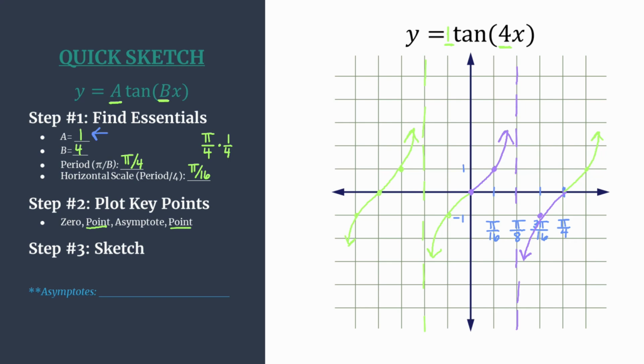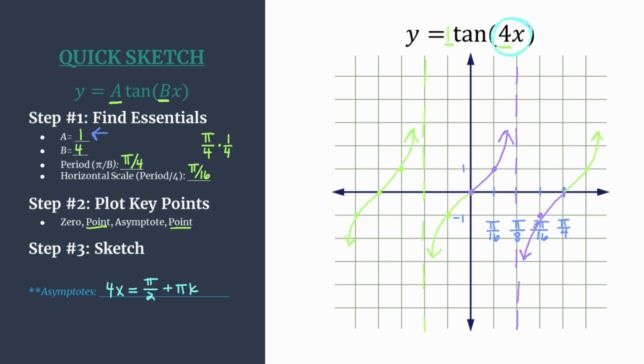The last thing is a really helpful tip on finding the equation of the asymptotes for this graph. All you have to do is take your horizontal transformations, or the input of your tangent function, so 4x, and set that equal to the original equation for your asymptotes of tangent x. Those are at pi over 2 plus pi k, where k is an integer.